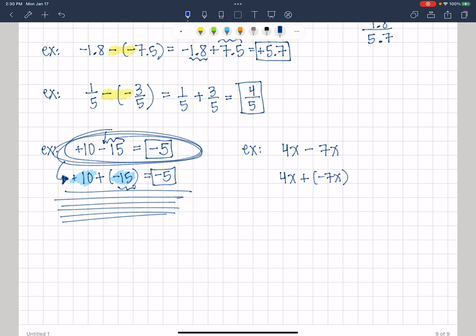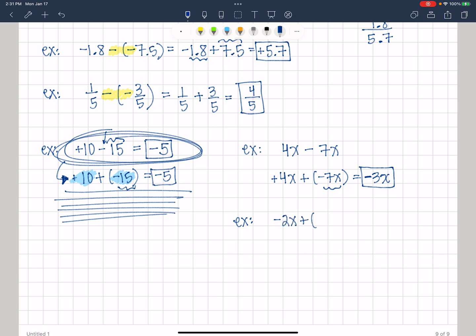These are different signs, so we're going to subtract 7x minus 4x. 7x minus 4x is 3x. And then we're going to look at which one has the bigger value. 7 is bigger than 4. 7x is negative, therefore our answer will be negative. So -3x.